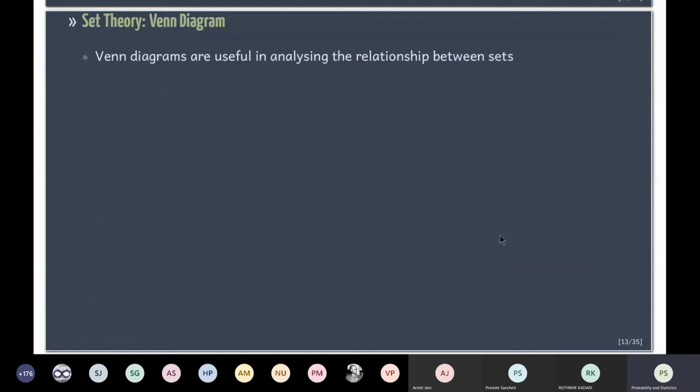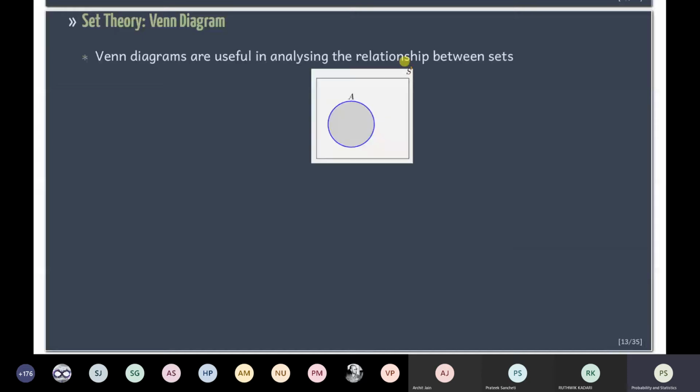The Venn diagram, again, is a very simple thing. We start learning these things from the 9th class, so no big deal here. The Venn diagrams look like this, in case you don't know by now. Here, S is the universal set. You can think of this rectangle as the universal set, and then you have some set A inside that. The universal set is the set that you consider depending on the context, which type of objects you want to study.